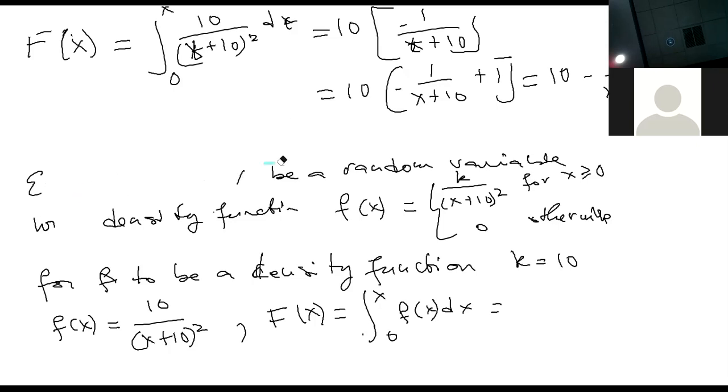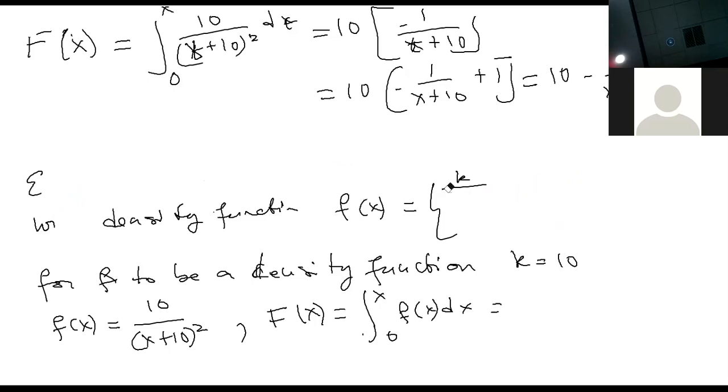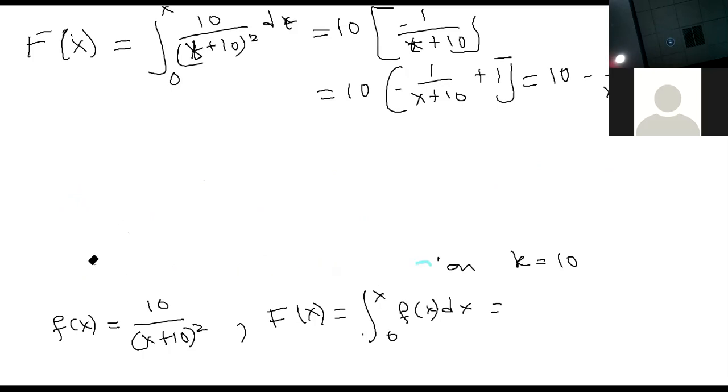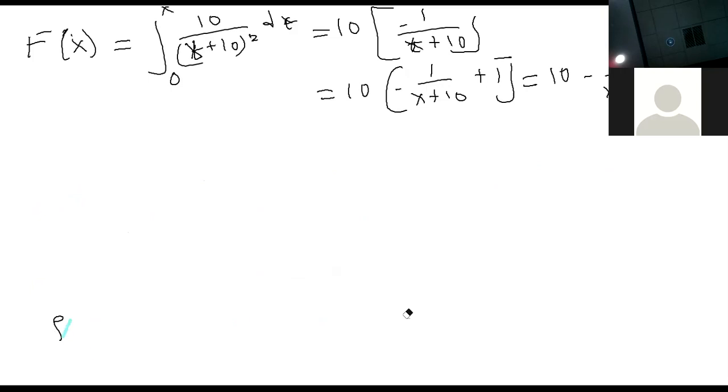Do you see that somewhere in your notes, Jacob? Can you check if you have it? So if you have a density function and you are asked to find the median, you need to find the cumulative distribution function first. Now that we have it, we can solve F of x equals 1 over 2.